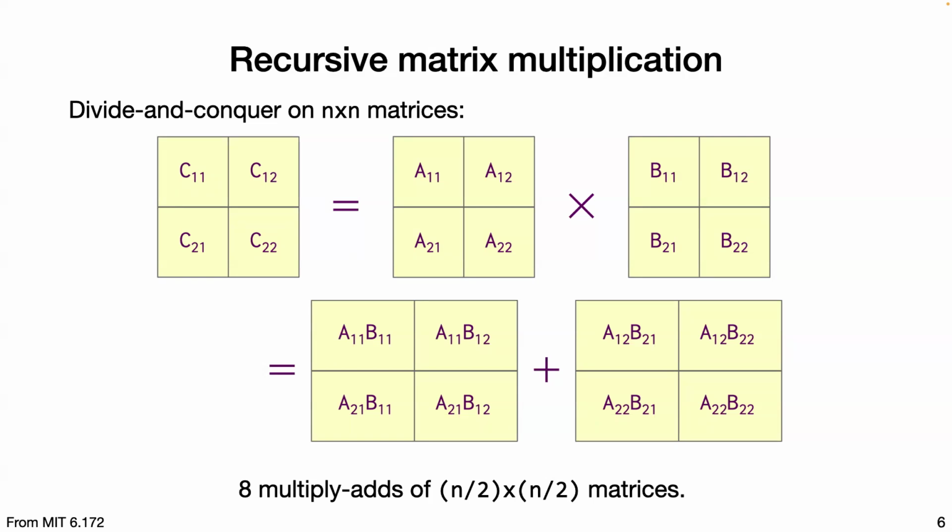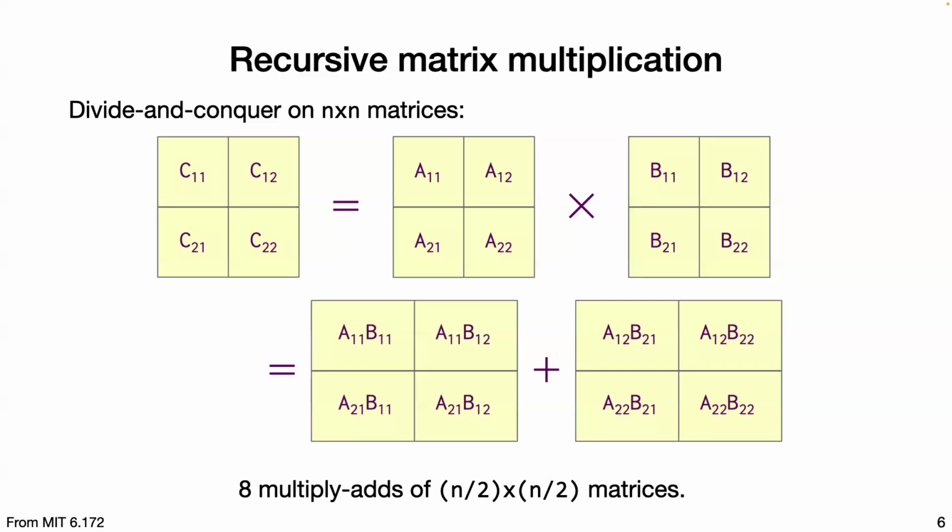C is A times B, and then you do matrix multiply on the quadrants, like the rows on the columns. So you can express your high-level matrix multiply as 8 submatrix multiplies with a matrix addition.